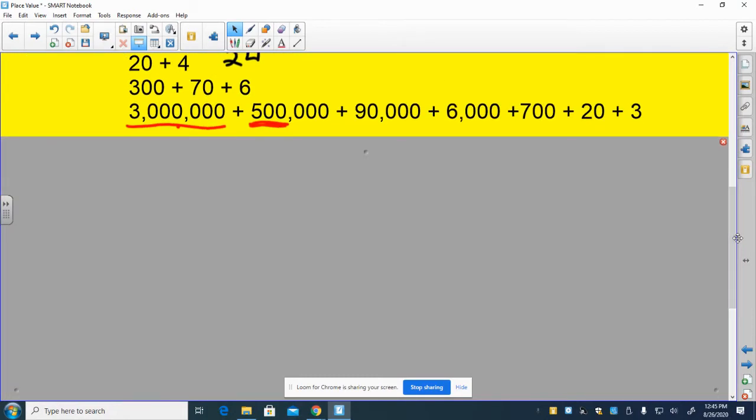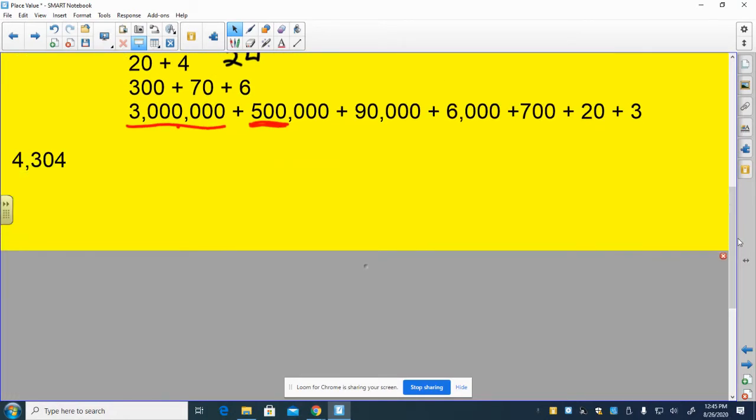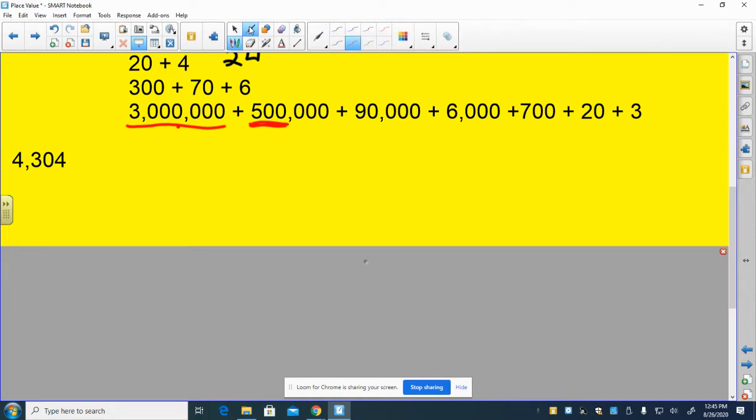Now I'm going to model with a few numbers here. So you can see that the number is already in standard form. Next, I'm going to go ahead and put it in word form. I'm going to keep that order.